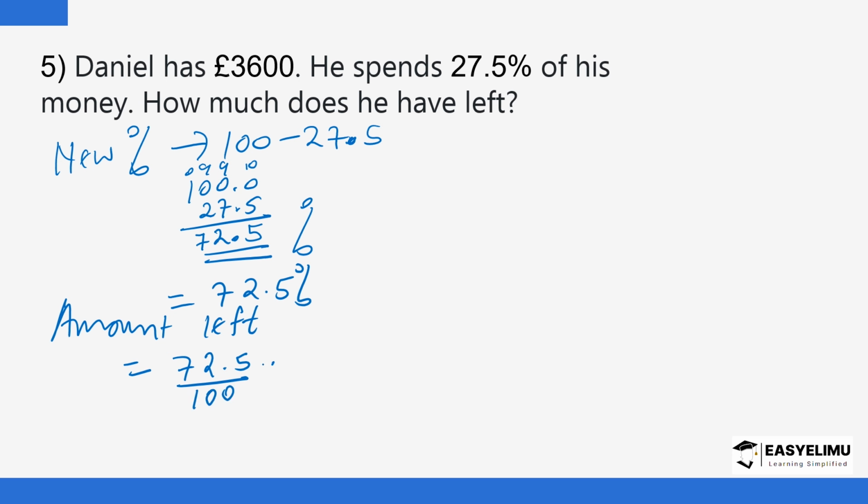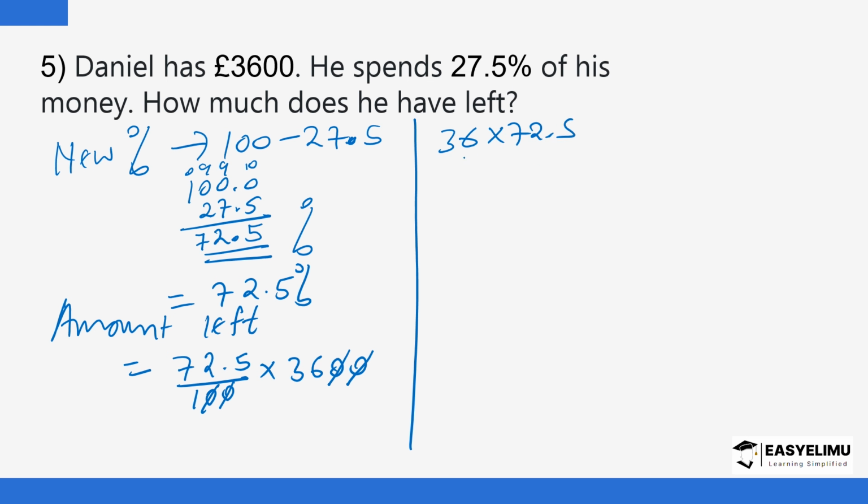You divide by 100, and then you multiply by the old value, which is 3600. So this is relatively easier to solve. So we have this 0 cancelling that, and this one cancelling that. And now I have 36 multiplied by 72.5. So now we have 0 decimal places, 1 decimal. It means the answer will have 1 decimal place.